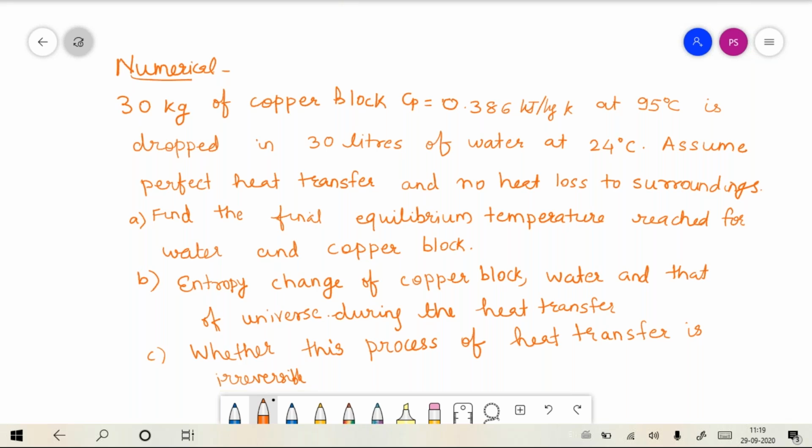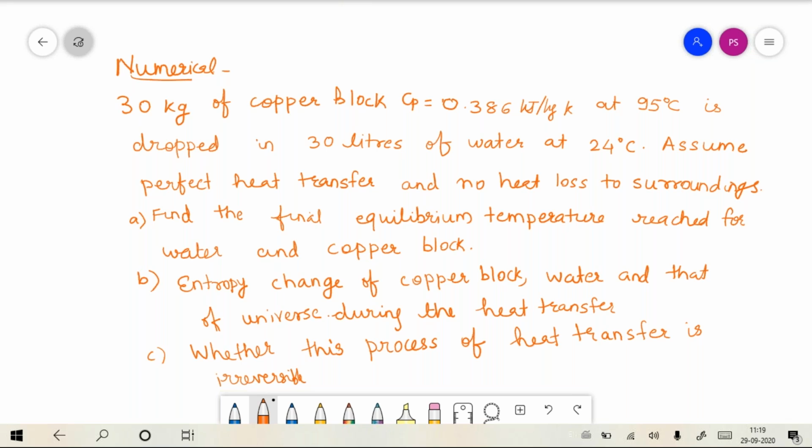Okay. So let me read out the numerical for you. It is already displayed on the board, but in case you're not able to see it clearly, I would be reading it out. It is given that there is a copper block of 30 kgs of weight, and that copper block is at a temperature of 95 degrees centigrade.